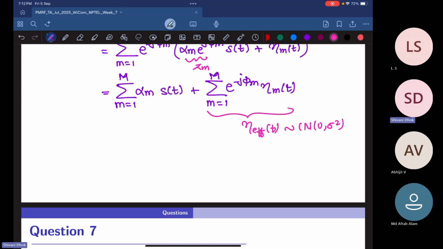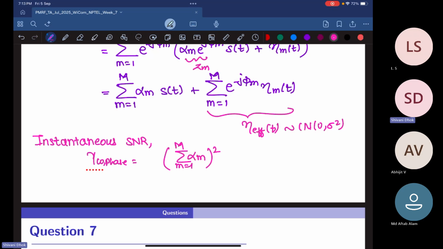So now your instantaneous SNR, that is your gamma co-phase, is basically magnitude of summation m equal to 1 to capital M, or rather this is just an amplitude, alpha m, whole square, into the power of the signal. So let's say it is Es divided by your sigma square.